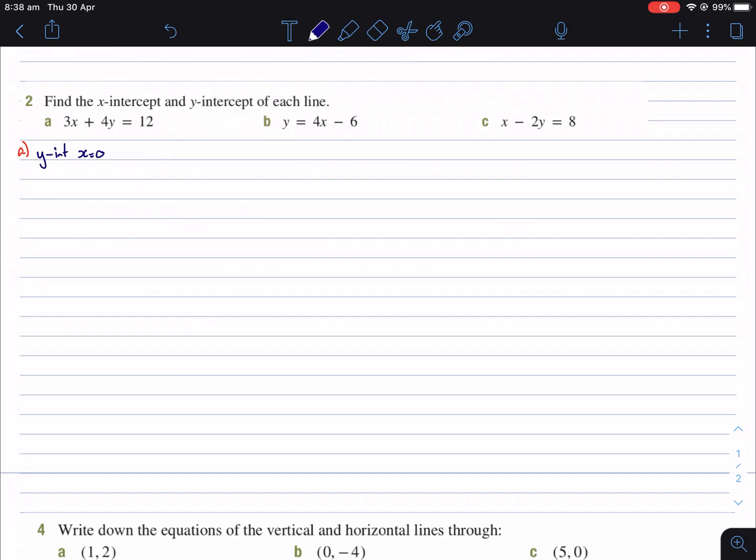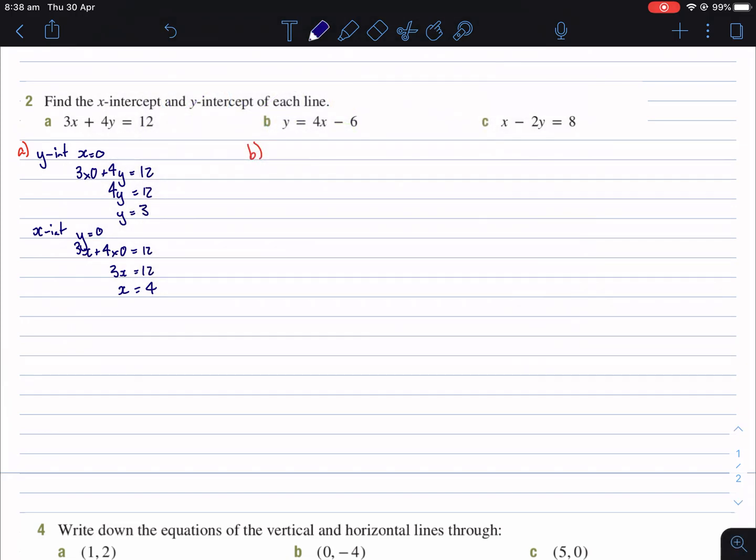So we've got 3 times 0 plus 4y equals 12. So 4y equals 12, so y equals 3. We've got the y-intercept. The x-intercept, y equals 0. So 3x plus 4 times 0 equals 12. So 3x equals 12. So x equals 4.